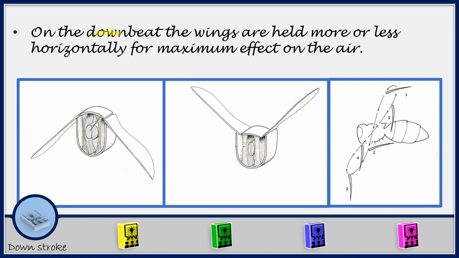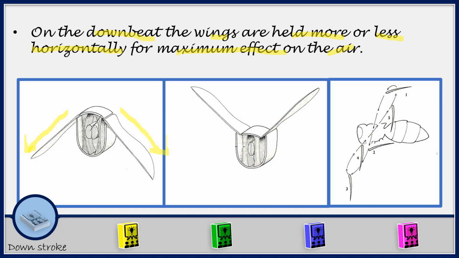On the downbeat, the wings are held more or less horizontally for maximum effect on air. So when the wing is going down like that, you will see that the wings are flat.